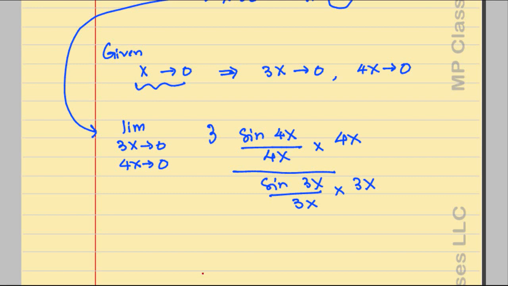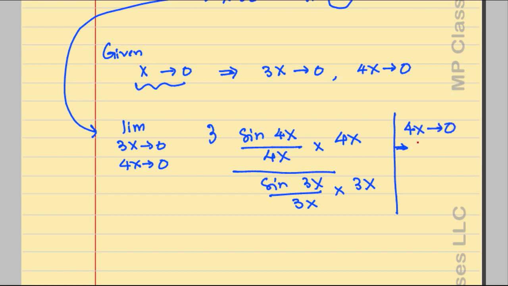And you must also note that to be mathematically accurate, you cannot divide by 4x and multiply by 4x unless you are very sure that 4x is not 0. And we can say that 4x tends to 0.